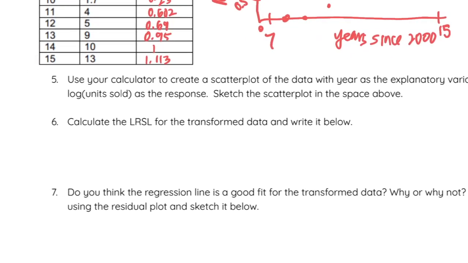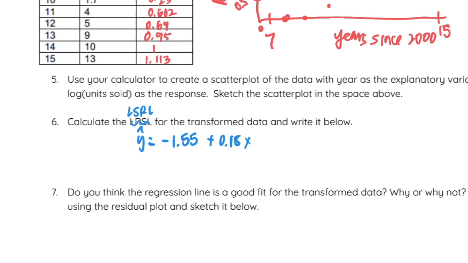Calculate the least squares regression line. This would be S or LS or L. And write it below. So I'm going to do stat calc 8 for LinReg, and I'm going to do L1 versus L5. And I get an equation of a equals negative 1.55 plus 0.18x.